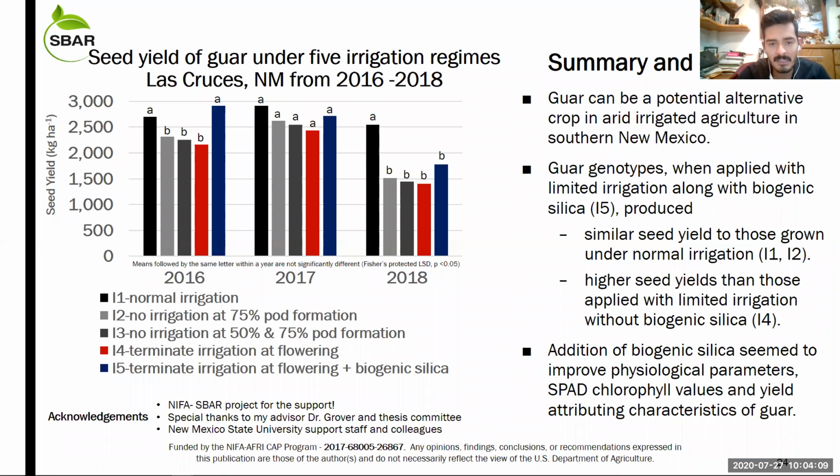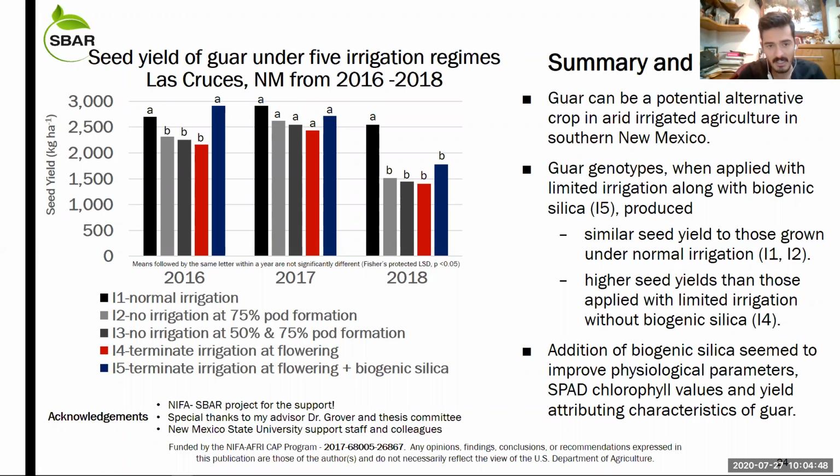And on this last chart, on the x-axis, you can see the years, 16, 17, and 18, and on the y-axis, the seed yield in kilograms per hectare. Again, I think we found two very interesting things. The first one is that guar as a crop was able to survive the whole season by only irrigating the first month. And repeating again, we wanted to skip the irrigation after the first month because that's when the rains begin in Las Cruces, New Mexico.